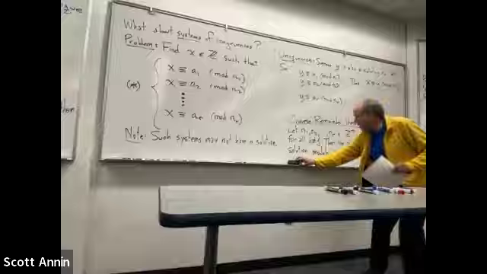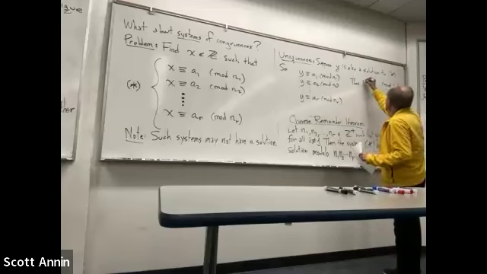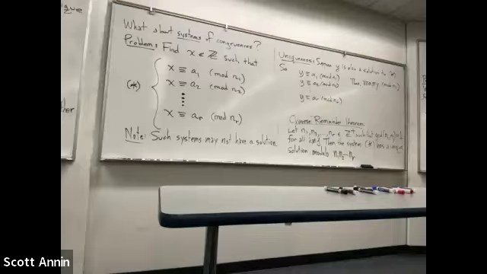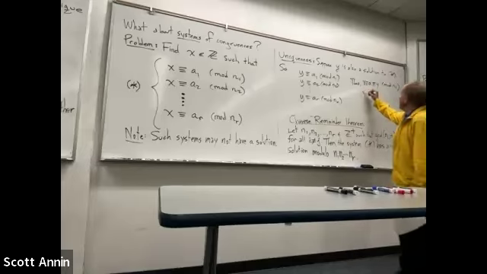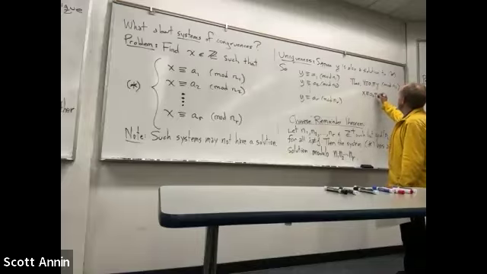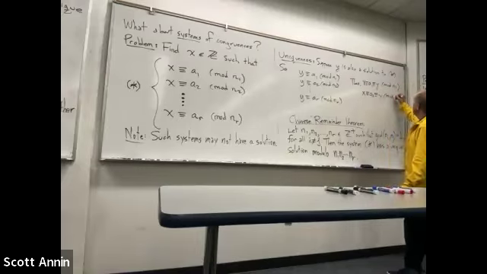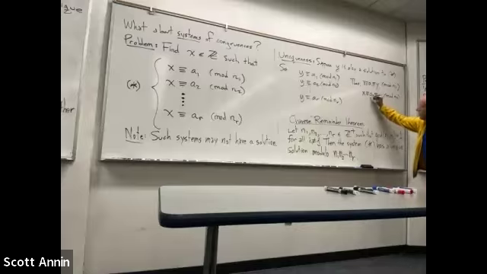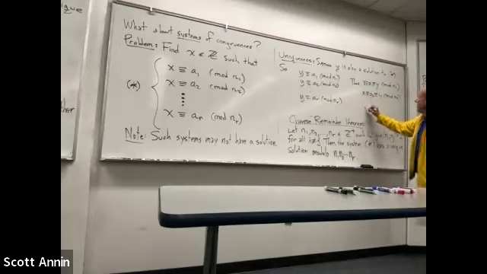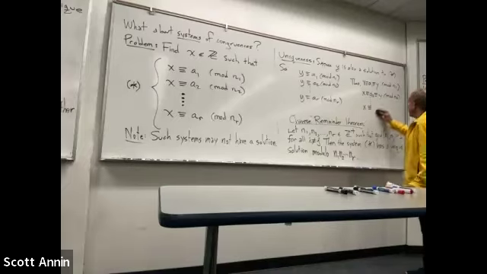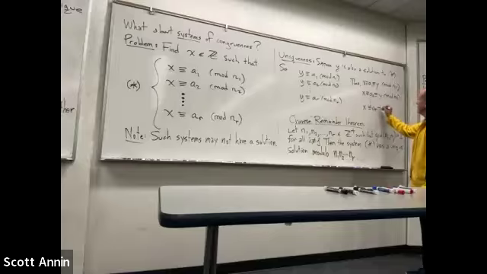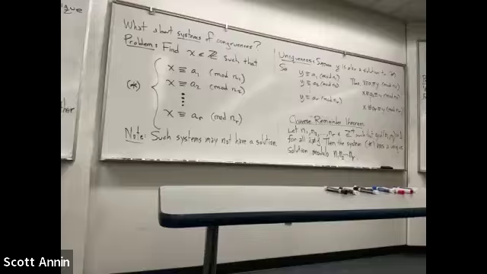Let's make it really explicit here. So x is congruent to a1, which is congruent to y in mod n1. And then x is congruent to a2, which is congruent to y in mod n2. And so on, up to x congruent to a_r, congruent to y mod n_r.